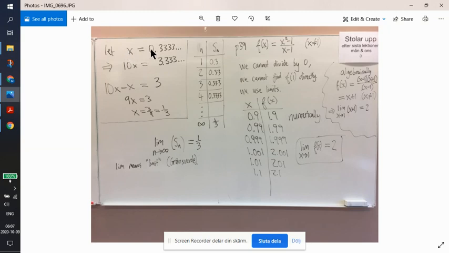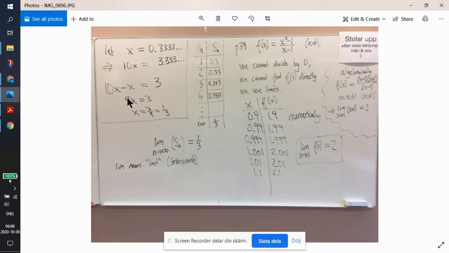So algebraically, if we start with this value and then we multiply by 10 on both sides, then the decimal point will move 1 unit to the right. And then if we take 10x minus x, then all this 0.333 will just subtract and become 0. We'll just be left with 3 here. So we get 10x minus x is 3.